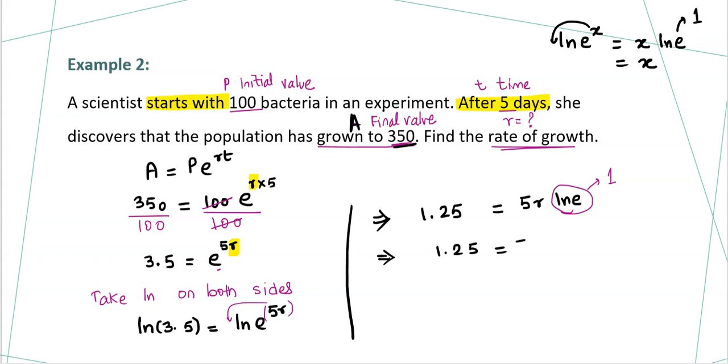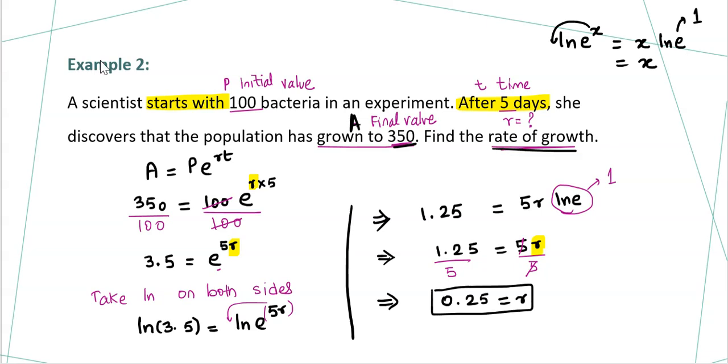So we have 1.25 equal to 5r. Now you have to find r. You don't need 5 here, so divide both sides by 5. This gets cancelled, and then you divide your left hand side by 5. It gives you 0.25 as r. So this is your answer.